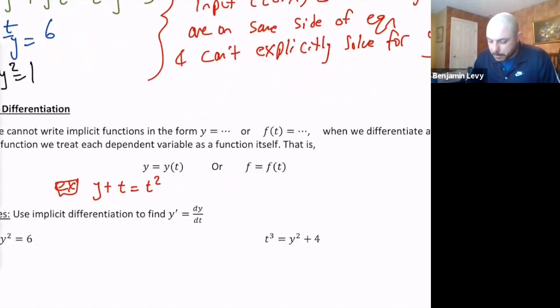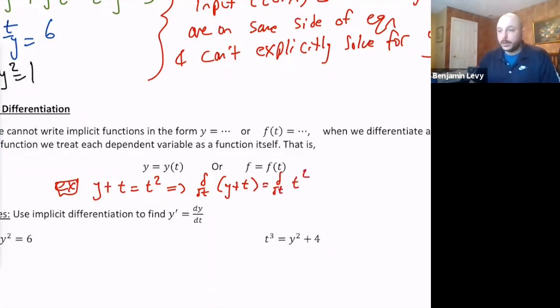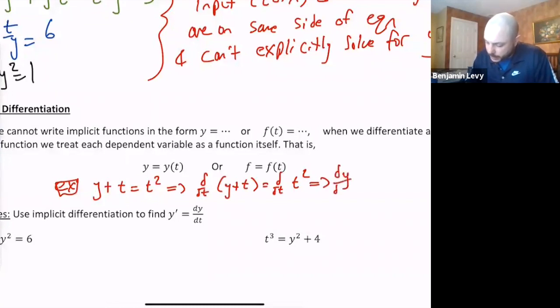So if we did d over dt of both sides, we're still thinking about y as a function of t. And so what happens here is we end up with y prime, or dy dt, plus 1 equals 2t.